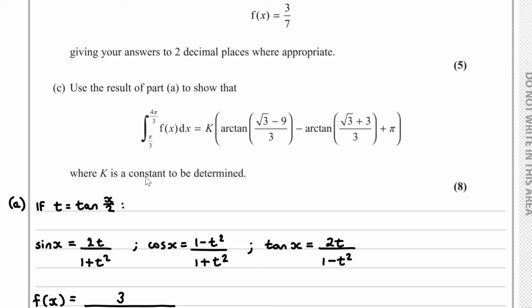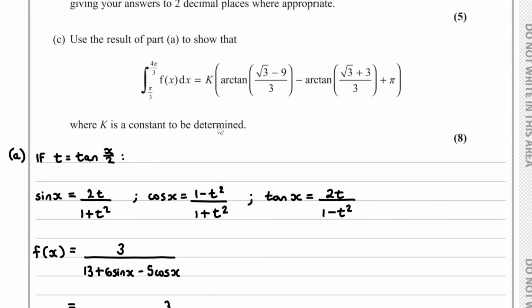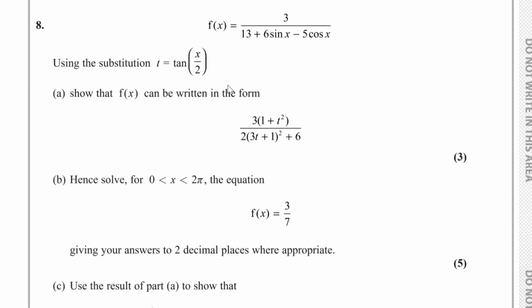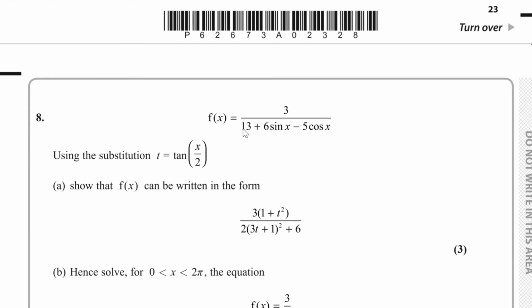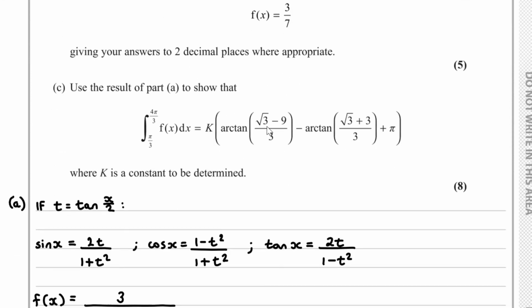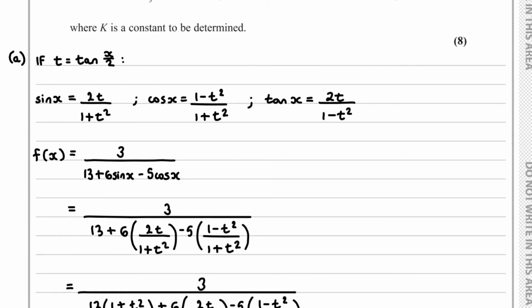And k is a constant to be determined. Well, clearly, what we'd be integrating here is 3 over 13 plus 6 sin x minus 5 cos x. So we will be integrating this over here. Okay?